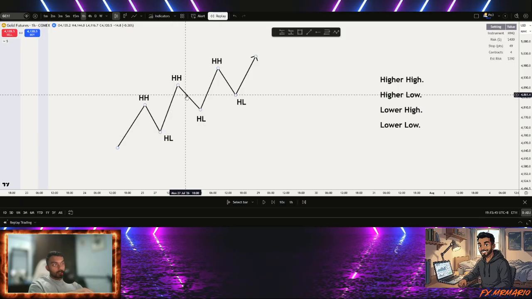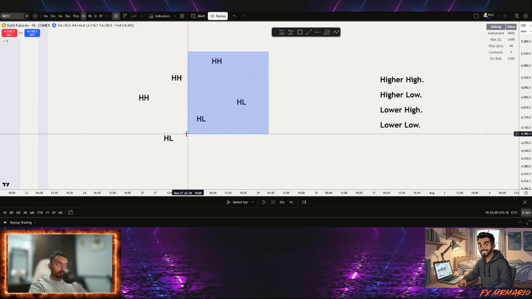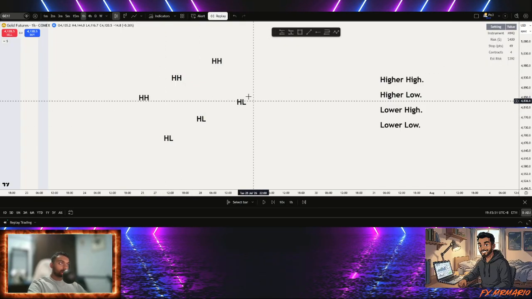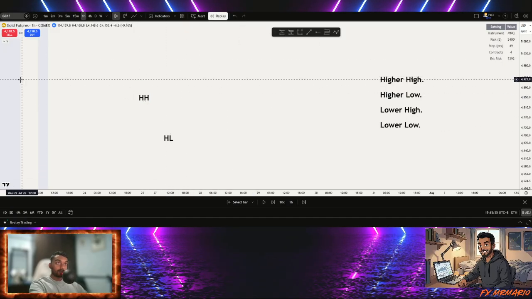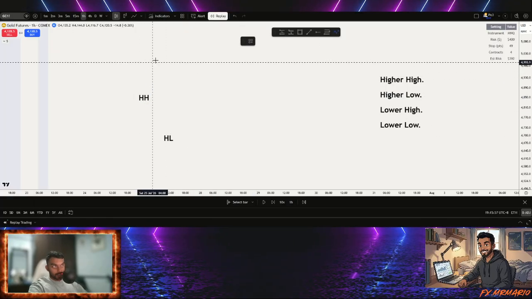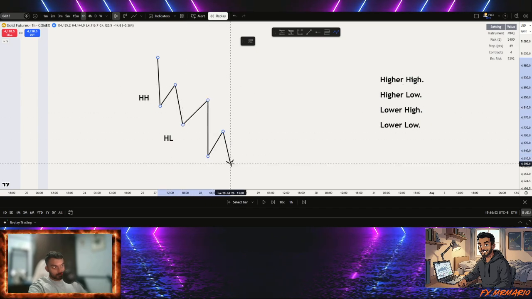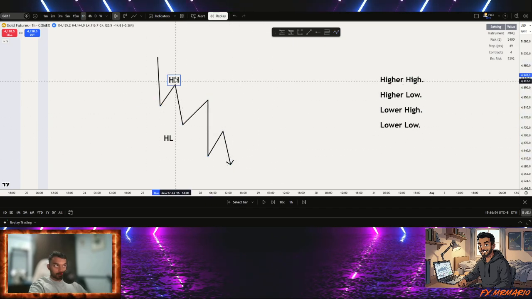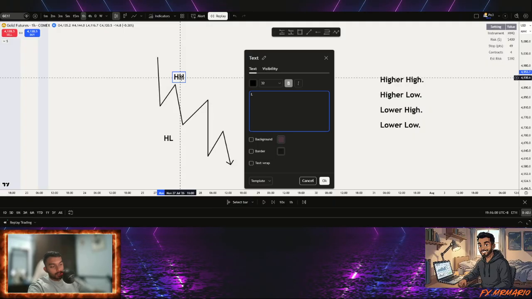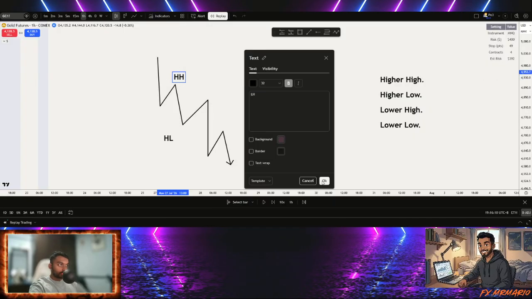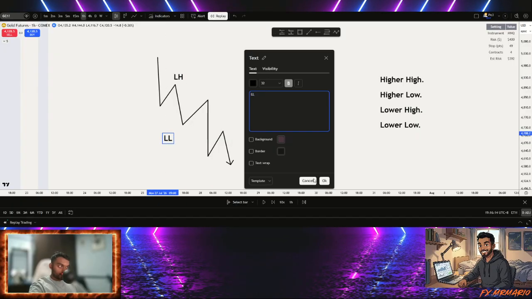Now, let's say instead of this, the market is now making something like this. What would you call that? This becomes a lower high, and a lower low, right?